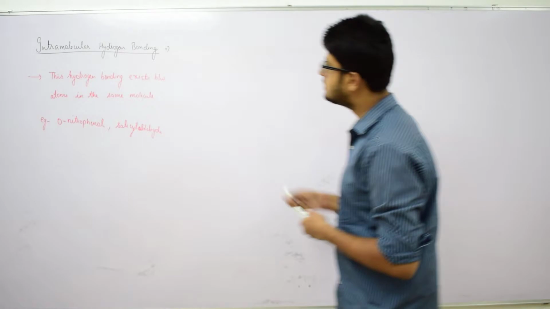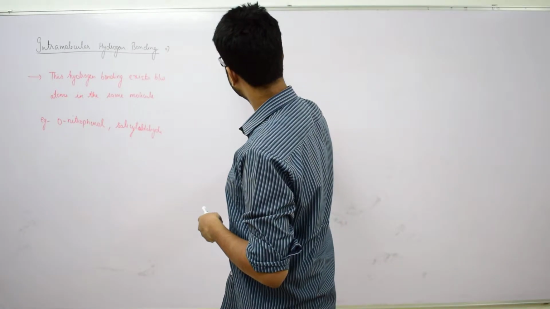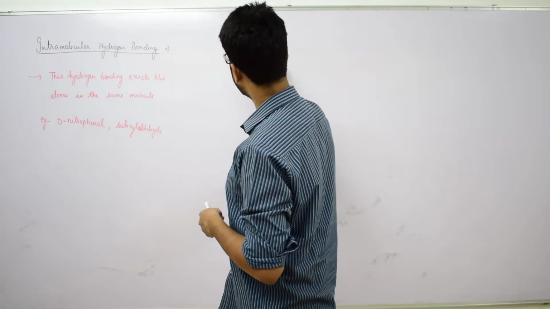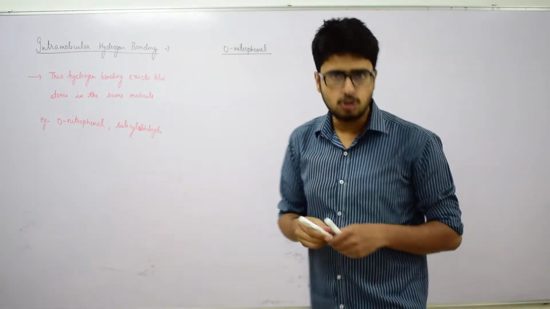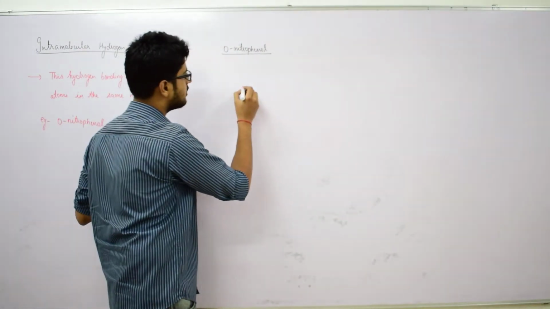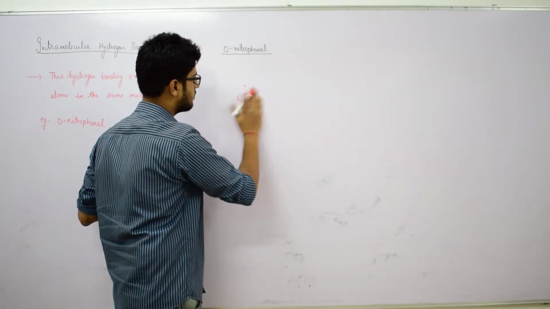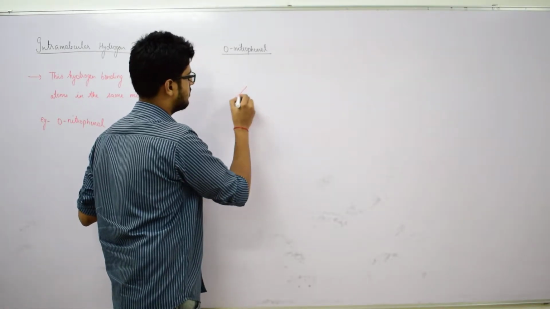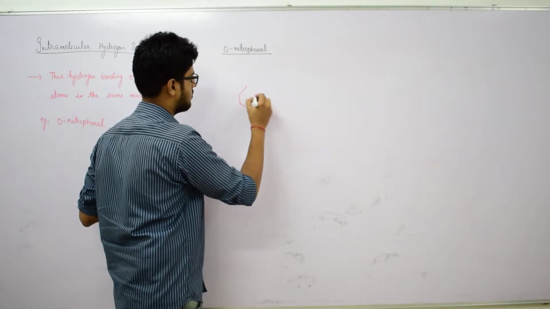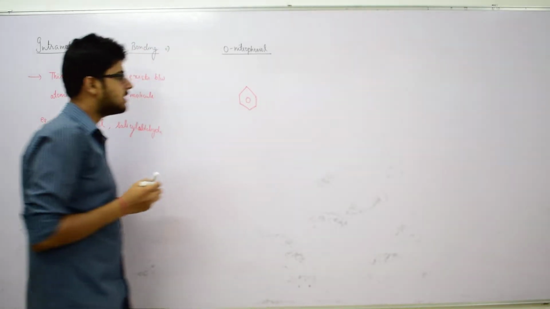So let us first discuss the example of orthonitrophenol. According to the name, we are going to draw the structure of orthonitrophenol. So this is our benzene ring.